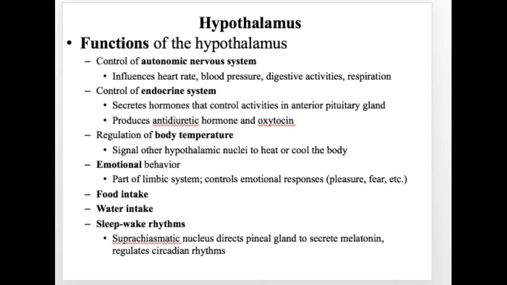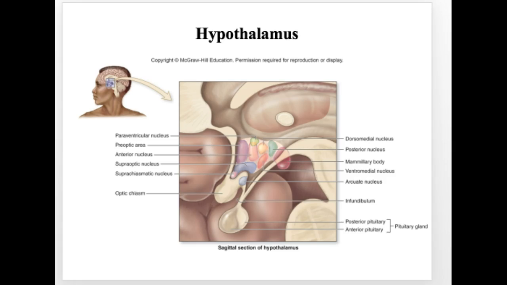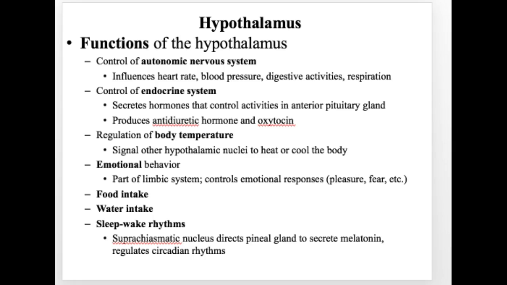It's important in the regulation of body temperature, as well as emotional behavior, food intake, water intake, and sleep-wake rhythms. The hypothalamus is mainly known as a region that's important in maintaining homeostasis within the body at any level. Again, controlling body temperature, having an influence on heart rate, blood pressure, digestion, etc.